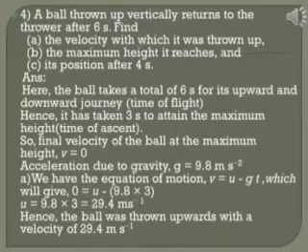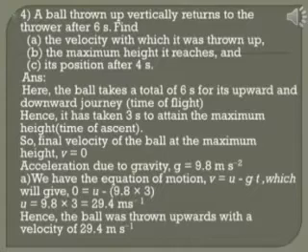And also we know that the final velocity v of the ball, which is at maximum height, is equal to 0 meter per second. Acceleration due to gravity g is equal to 9.8 meter per second square. First we have to find the velocity with which it was thrown up.